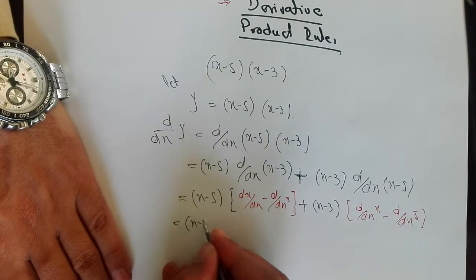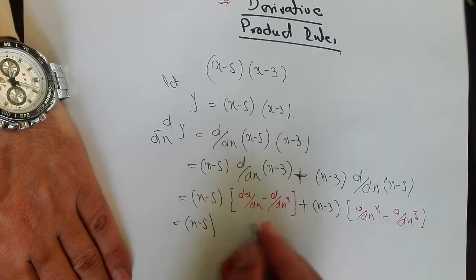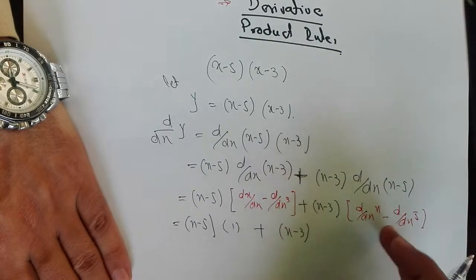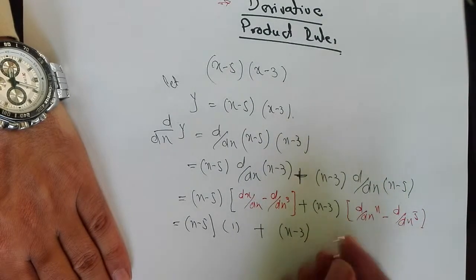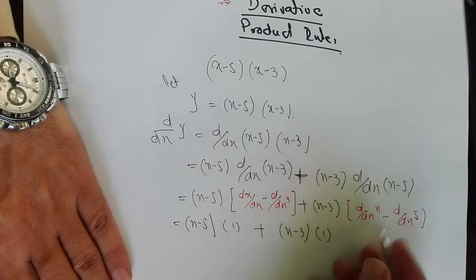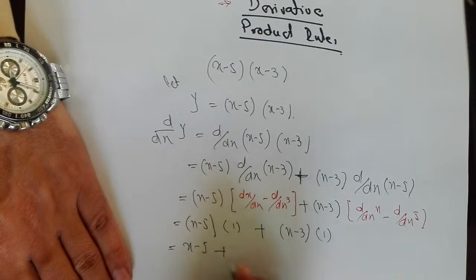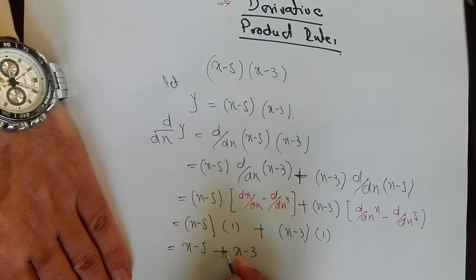So x minus 5, here dx over dx equals 1, we know that, and this is 0, plus x minus 3, and here it will be equal to 1, and this is 0. We have x minus 5 plus x minus 3.